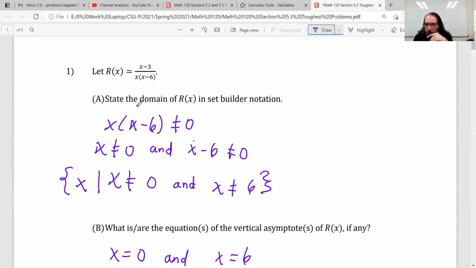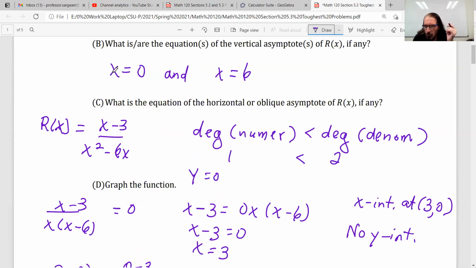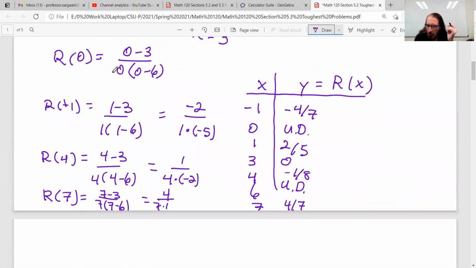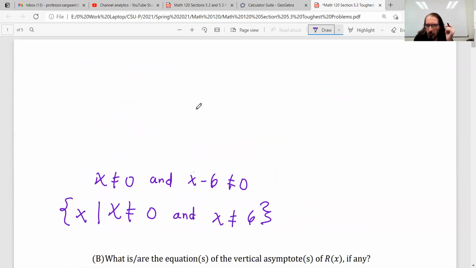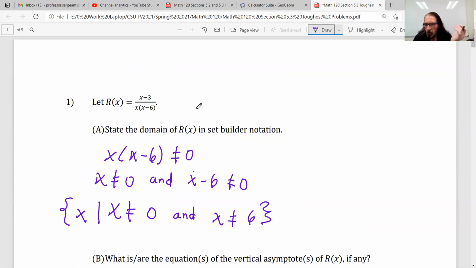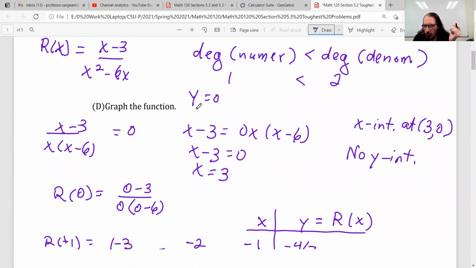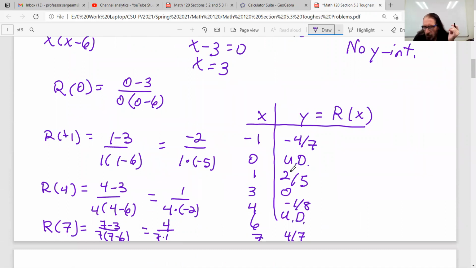We're going to see a change of sign of the y values to either side of the vertical asymptote x equals 0. Same thing for the x minus 6. That's only to the first power. That's odd. So we see a change in the signs to either side of x equals 6, going from negative to positive. And with the numerator, x minus 3, that's to the first power. So at the x-intercept, we'll have a cross. It's going from positive to negative.